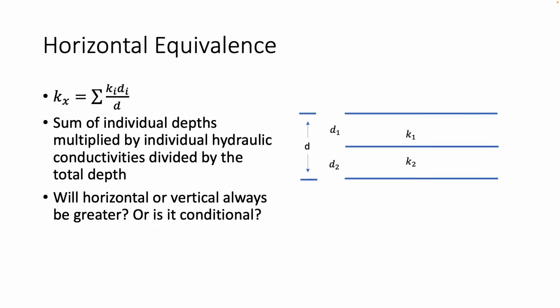Horizontal equivalence is a little bit different. In this case, we are taking the depth of each layer times the hydraulic conductivity of that layer for each layer. We're dividing it by the total sum of the entire depth of however many layers it is and adding all that together.